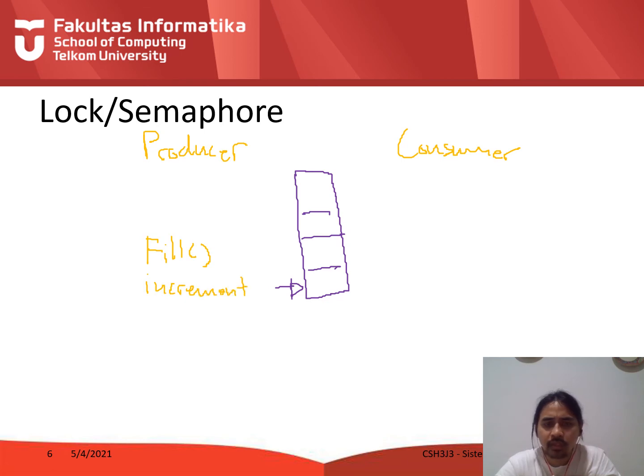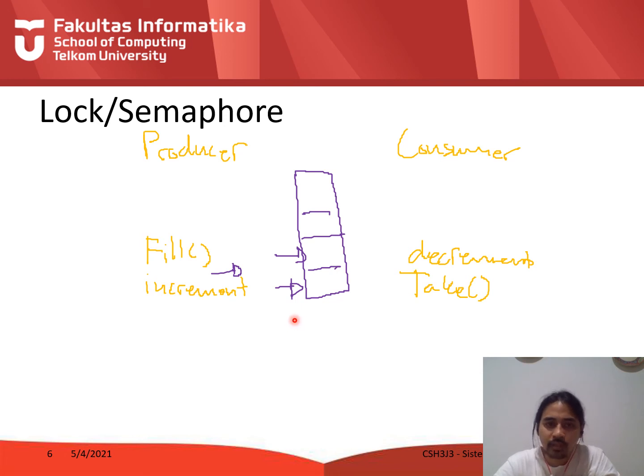So here we have a task that cannot be divided, which is fill and increment, because if fill is interrupted by consume, here consume does decrement, and then it takes. So when it fills and increments, the pointer should move to here, but if it is interrupted here, it fills and then it decrements, so it goes from here not to here, but from here to below.